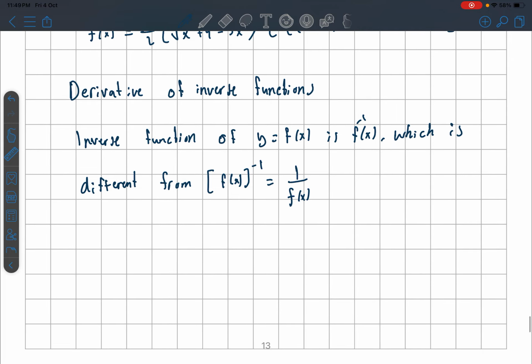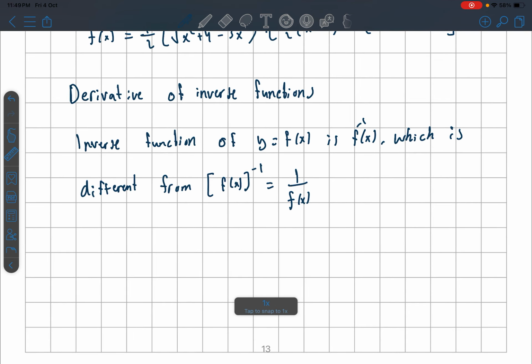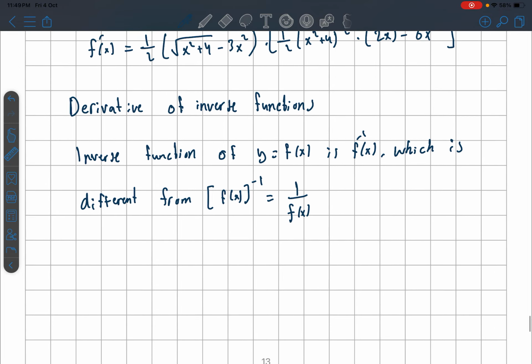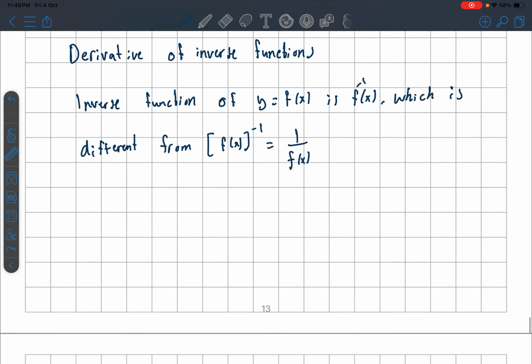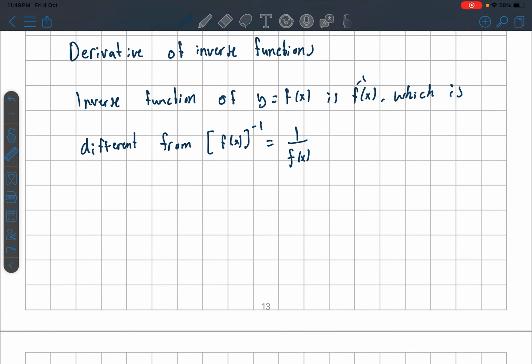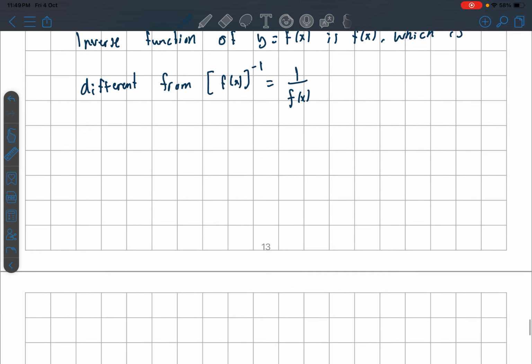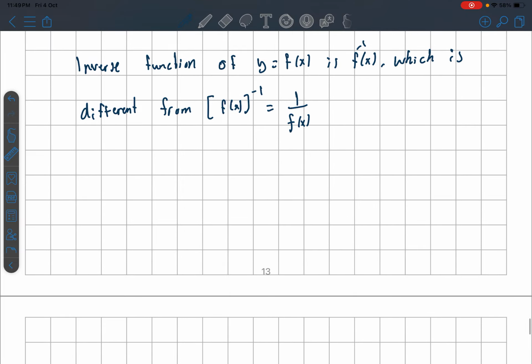I mean here, the inverse function is not 1 over f x, which means f x power of negative 1. It's like a way that you can find the inverse function, and it is not like f x power of negative 1.